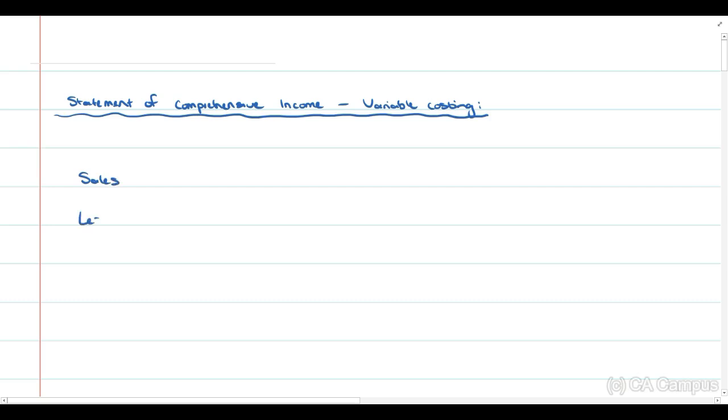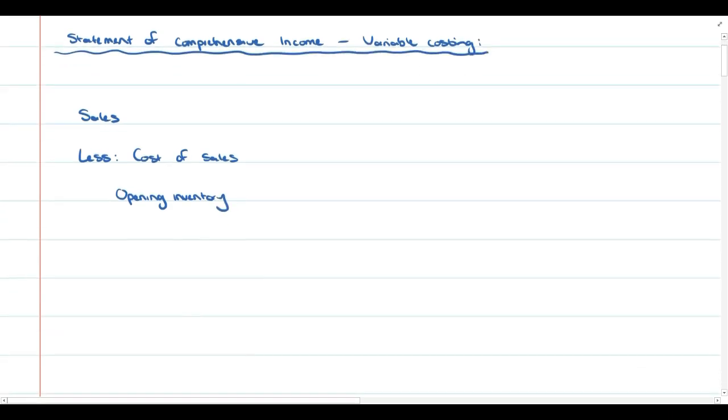We then deduct cost of sales. We calculate the value of cost of sales by taking our opening inventory. We then include all of our variable production costs because we are looking at variable costing right now.